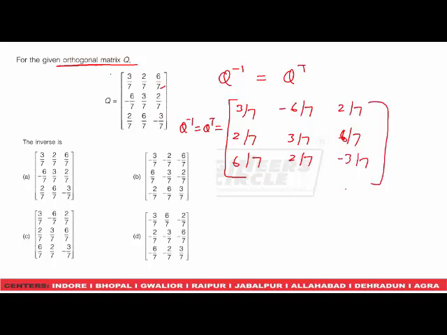So this will be our inverse matrix. So the correct answer would be 3 to 6, that is C option.